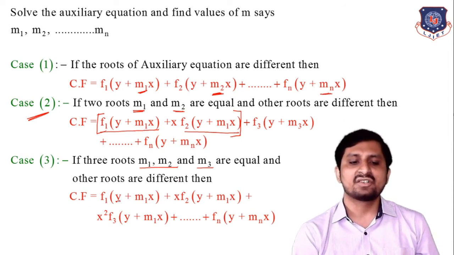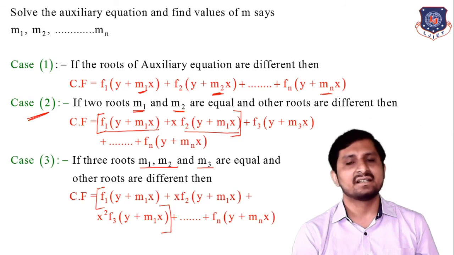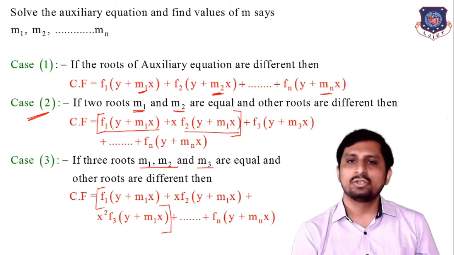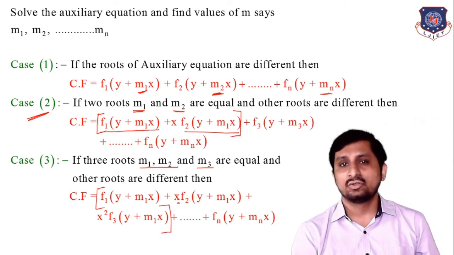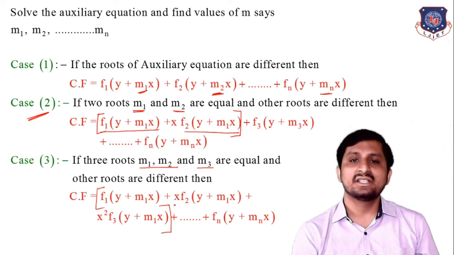Then the complementary function is f1(y + m1x) plus x into f2(y + m1x) plus x square into f3(y + m1x), and the other roots are written as they are. So you have to remember all these formulas.